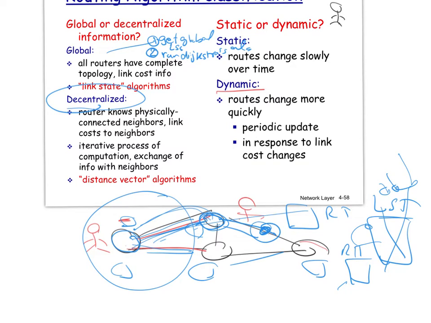So what are the pros and cons of each one? What are the pros and cons of the global view versus the decentralized? Of course, for the global view, I have to exchange lots of messages in the beginning. I have to flood the network with link states from all routers to all routers, until I construct a global view at each router.